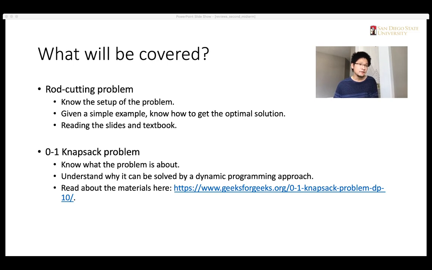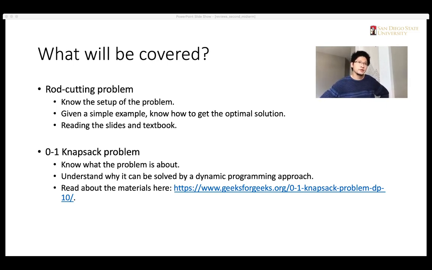There are two types of knapsack problems. The first one is the 0 or 1 knapsack, and the second one is the fractional knapsack. The fractional knapsack can be solved by the greedy approach, but the 0 or 1 knapsack is solvable by a dynamic programming approach. So we will stick to the 0 or 1 knapsack problem, and we are only using the dynamic programming approach to solve it.